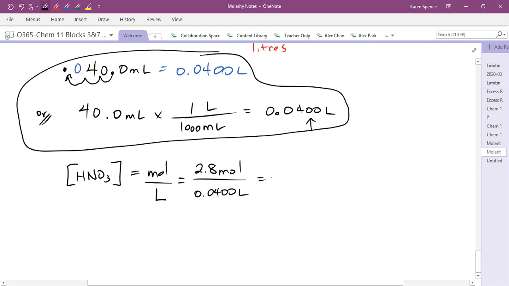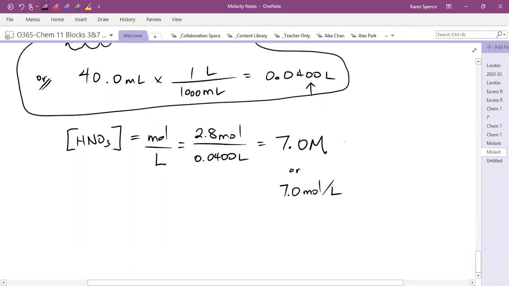And we get 7.0. The unit of concentration is molarity. Or, if you prefer, you could write it as 7.0 moles per liter. Either way is fine. And if you wanted to, you could stick on the HNO3 there. Because we're only dealing with one species here, I'm not going to get too excited whether we have that or not.